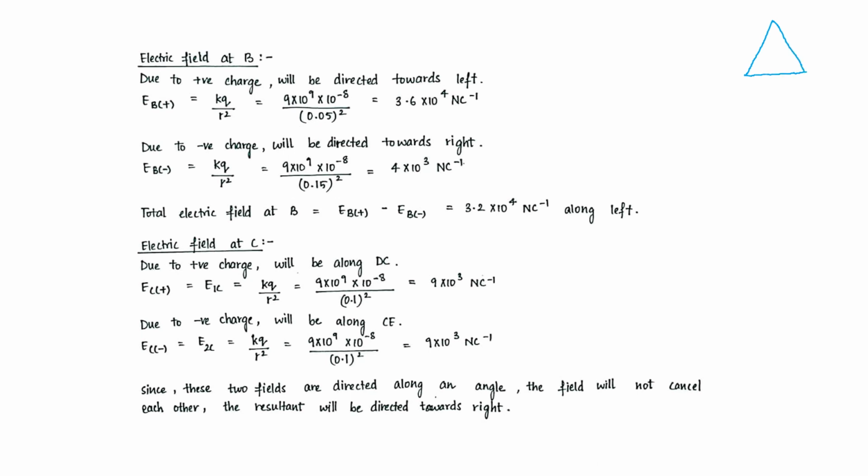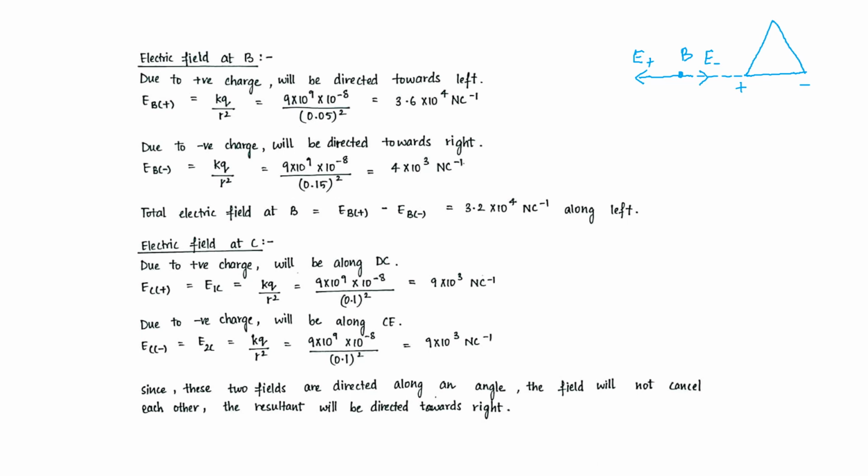Okay, so this is the point B over this line. This is B, and our positive charge, our negative charge. Due to this negative charge, it will be like this: E due to negative charge and E due to positive charge, away from the positive charge.